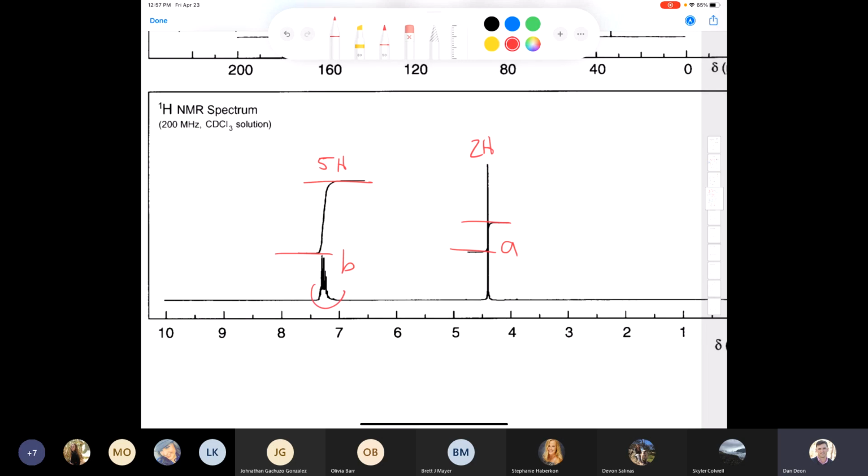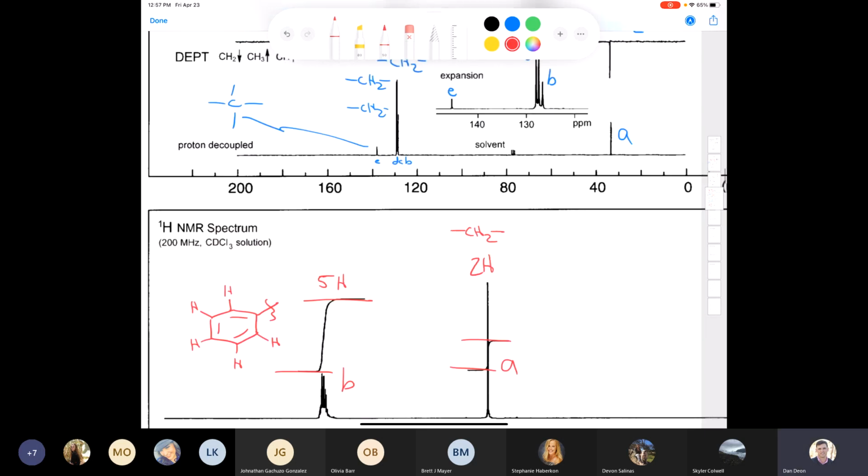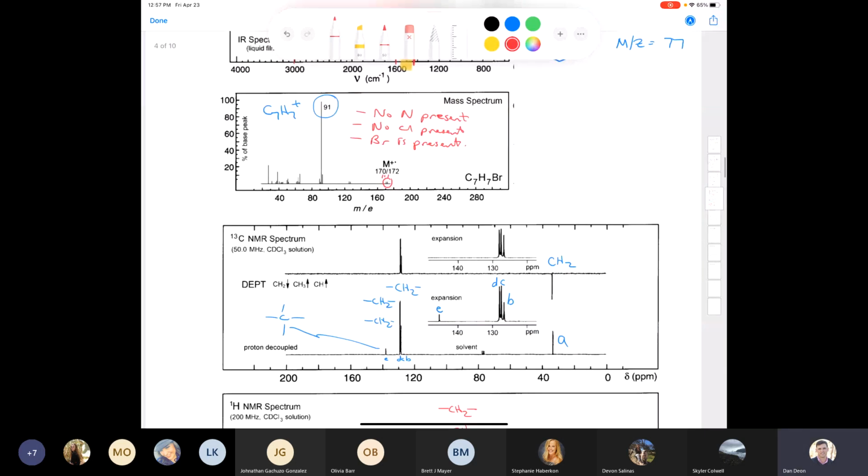These are in the aromatic region. So that tells me I must have a monosubstituted aromatic ring. My aromatic ring has something attached to it, and all 5 protons are in the B signal here. And then I know that I also have a methylene. And what else do I have in my molecule? I also have a bromine in my molecule.